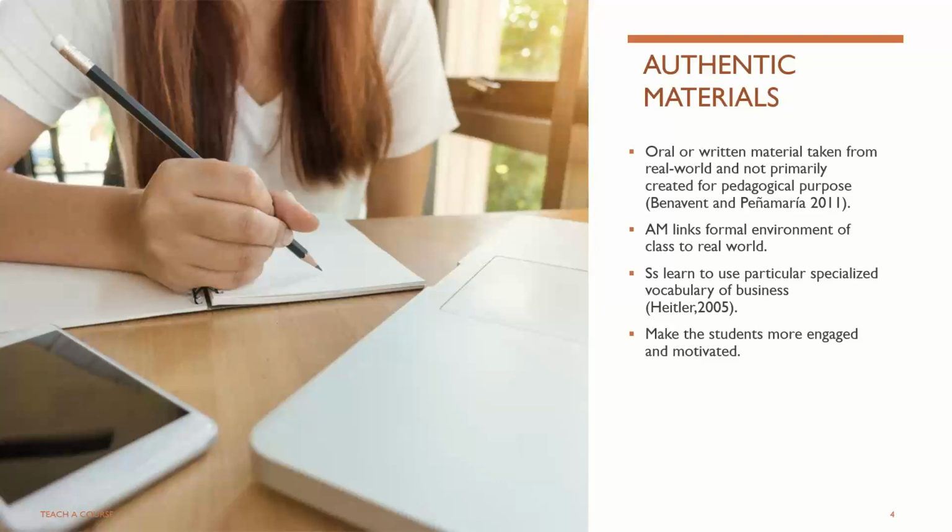When the students make a connection between the formal environment of the classroom and a piece of writing used in the real world, they can understand the differences, and they can also understand how to prepare themselves to write something which can solve a real world problem.